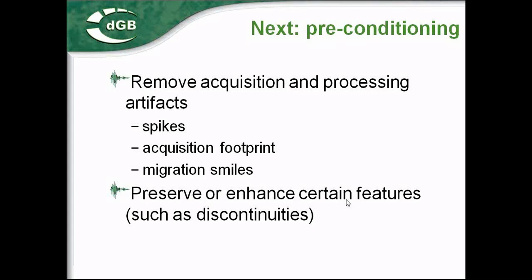First and foremost, to remove acquisition and processing artifacts: spikes, acquisition footprints, migration smileys, that sort of stuff. Also, if you have small stratigraphic features that are not faults, you might remove them with data preconditioning. On the other hand, you can also try to preserve and enhance certain features in the seismic data using advanced filters, and that would be already more image enhancement rather than filtering.